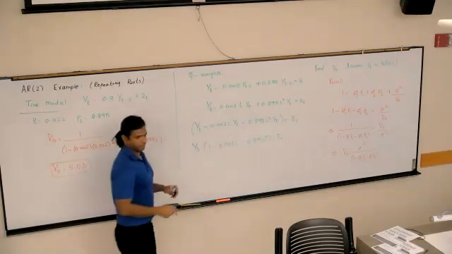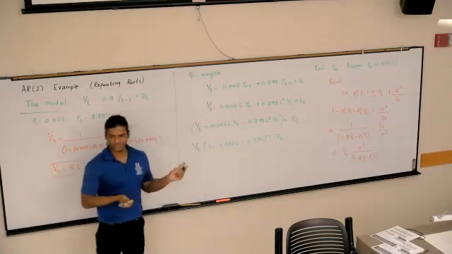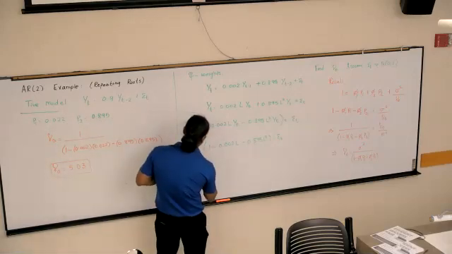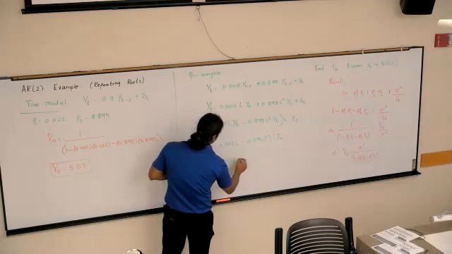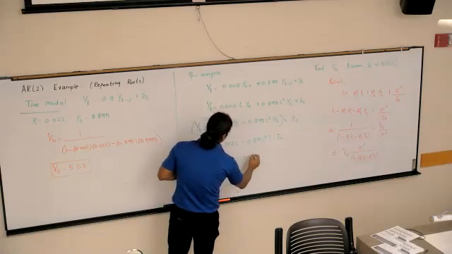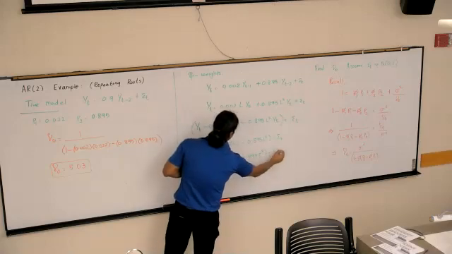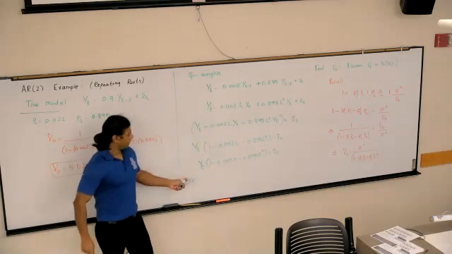We don't want to use the letter L because it is an operator, so what did we do? We wrote it in terms of z. What is that part called?